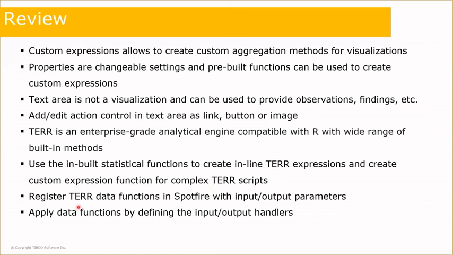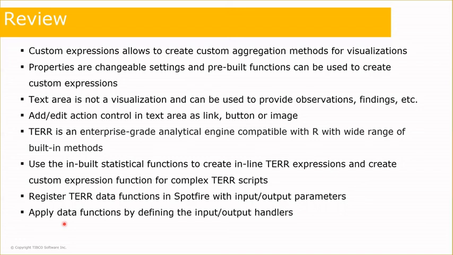Now if you want to generate more than a column, n number of columns, or a data table, you use TERR data functions. You can register TERR data functions in Spotfire using the data function properties dialog, and you can provide the input and output parameters for these data functions. Then you can save these data functions in the Spotfire library to be used in different analysis documents by different users, or you can export these data functions to a file in the form of .sfd.